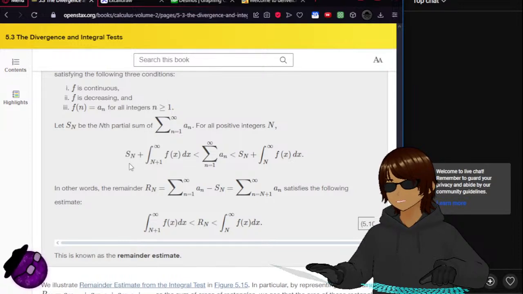So we have the partial sum till n, plus n plus 1 to infinity.